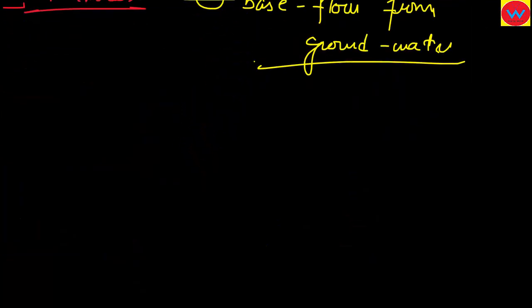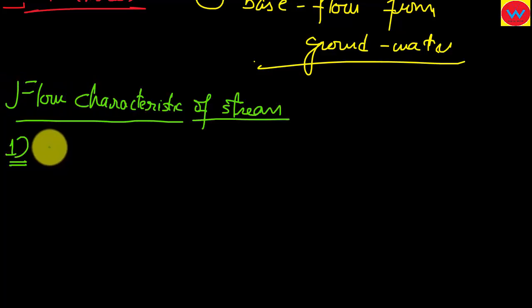Now we also look at the flow characteristics of a stream and what factors they depend on. The first factor affecting the distribution of runoff is the type of precipitation.